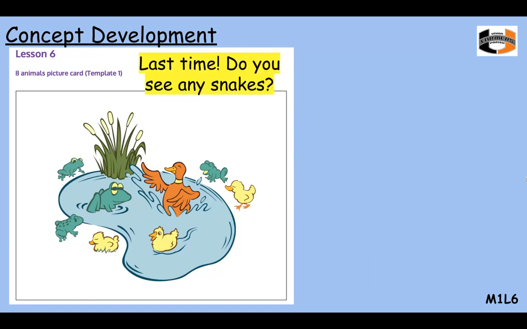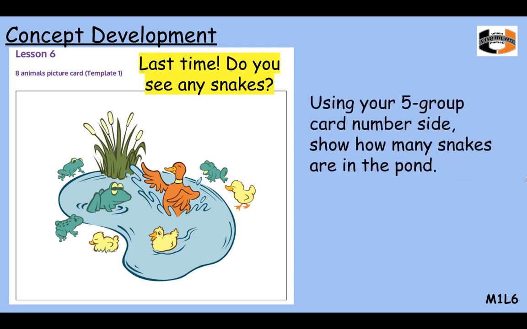Last time, look at that picture. Do you see any snakes? Using your 5-group card number side, show how many snakes are in the pond, or around the pond for that matter.